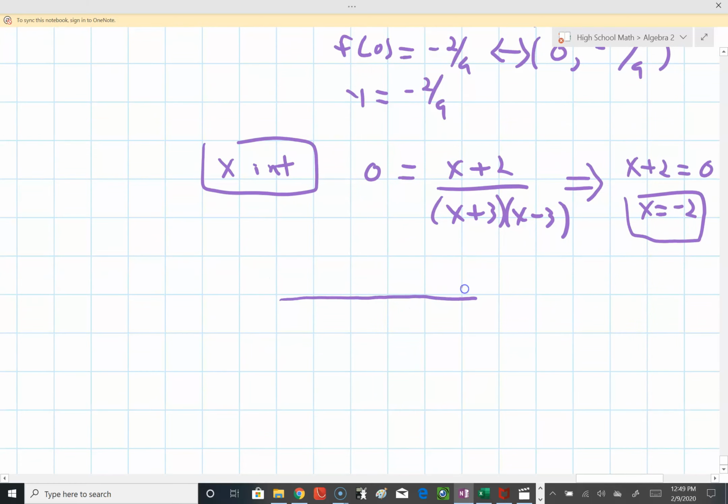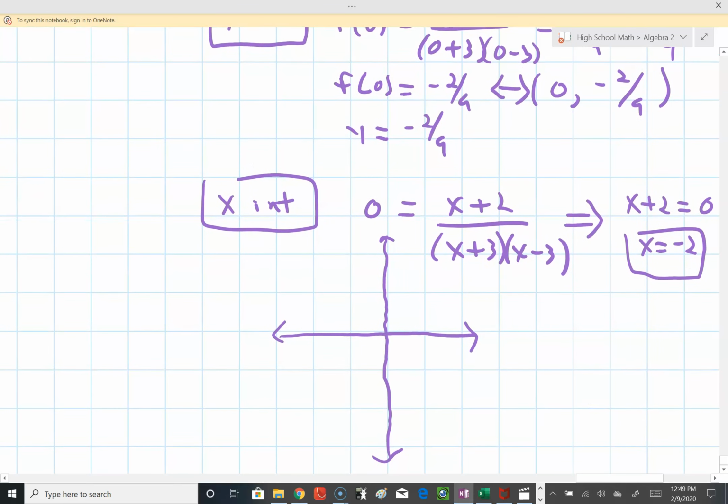So we know we have vertical asymptotes at 3 and negative 3.